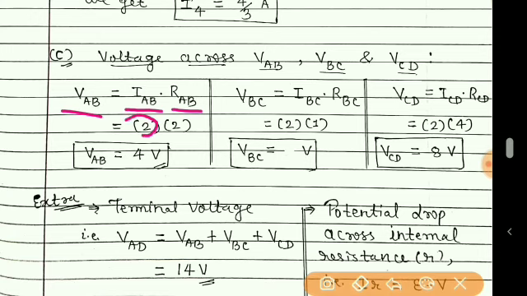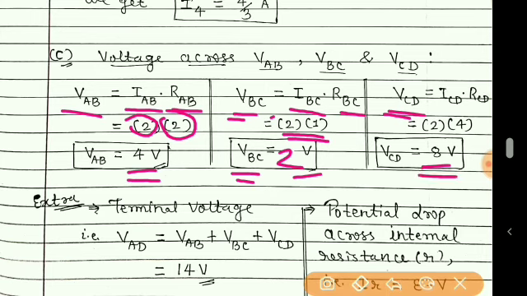We have the values for this. Putting these values, we will get 4 volt. Similarly, voltage across BC is IBC into RBC. We have the values, so 2 ones are 2. So voltage across BC will be 2 volt. Similarly for VCD, we will get 8 volt.